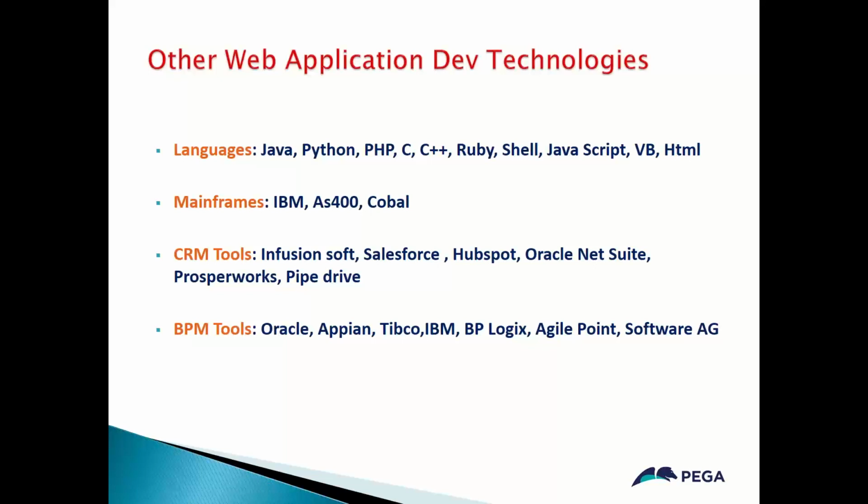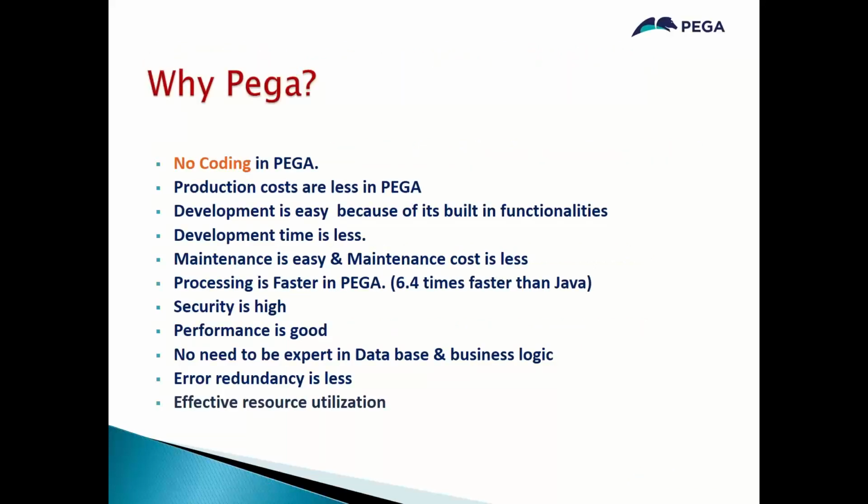Now I will give you some advantages of Pega compared to previous technologies. The first thing, as I said, is that coding is not required in Pega. Developers may worry about the coding, but companies and clients will not. They need a product with the given requirements.